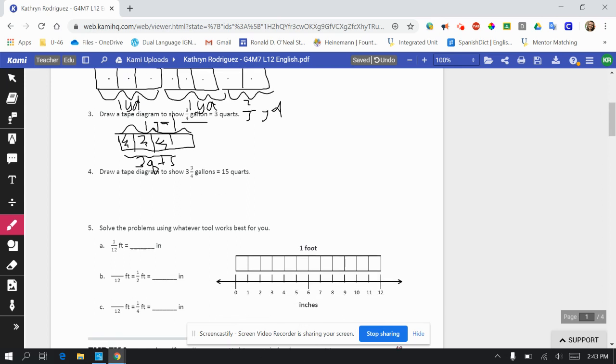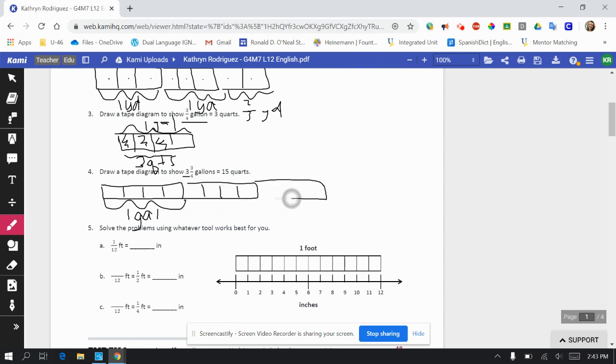All right, draw a tape diagram to show 3 3/4 gallons equals 15 quarts. So here we go, 1 gallon with 4 quarts. So I'm going to say under here 1 gallon. Now I need 3 of those. Okay, and so I'm going to label each one 1 gallon.